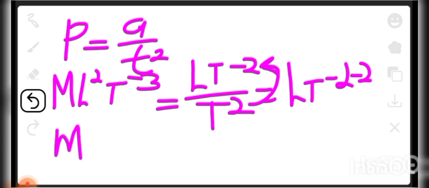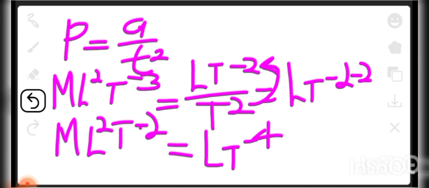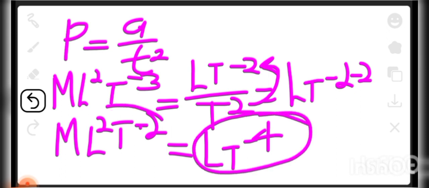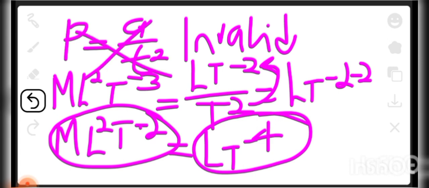We're going to have ML squared T raised to power minus 3 is equal to LT raised to power minus 4. Minus 1, minus 2, minus 2 give us what? It will give us minus 4. So if you check what you have here and what you have here, they are not the same. It shows this one is invalid. It is very bad. So this equation is bad. It's not correct dimensionally. So you cannot define power this way.